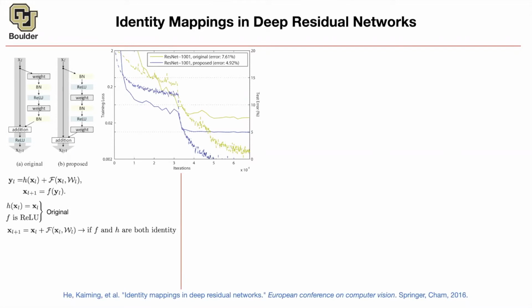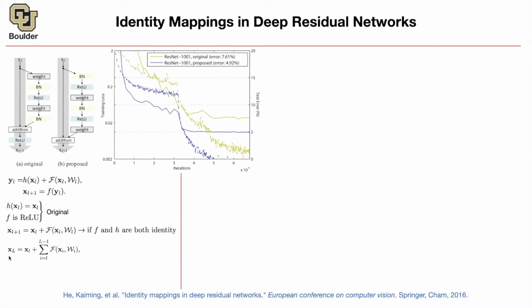Now let's assume that both F and H are identity and see what happens. We know that it's not identity. We know that there is some nonlinearity there. But let's assume both of them are identity because we want to go towards the proposed formulation. If they are both identity, you get XL plus 1 is equal to XL plus calligraphic F. Now you can do the iteration and go deeper and see what happens, I don't know, 5 layers deeper, or what happens at the final layer.